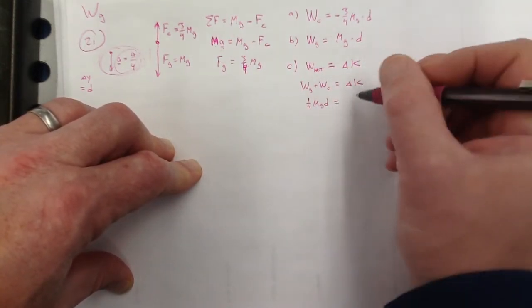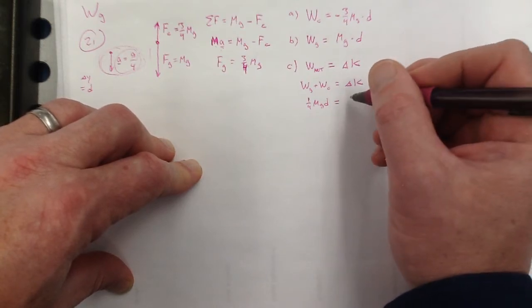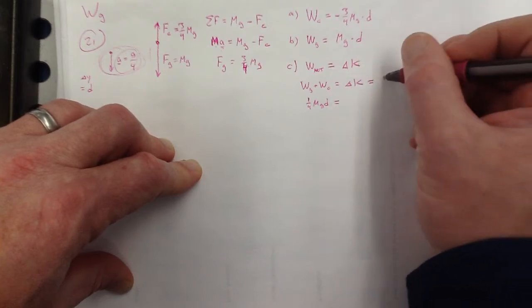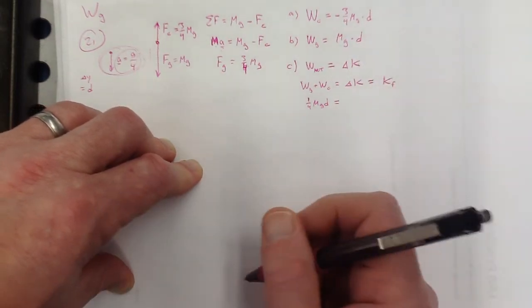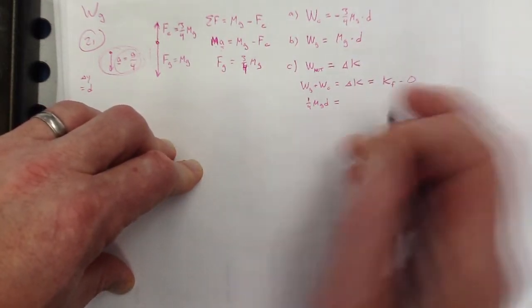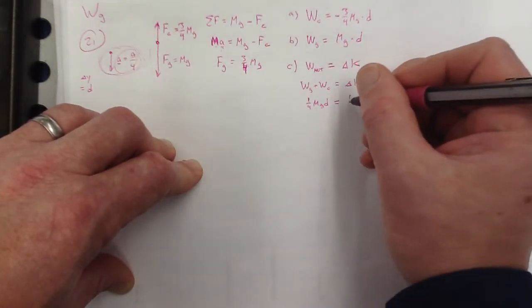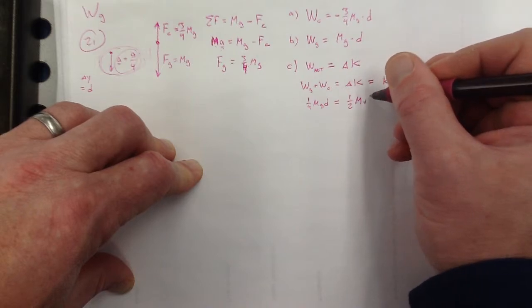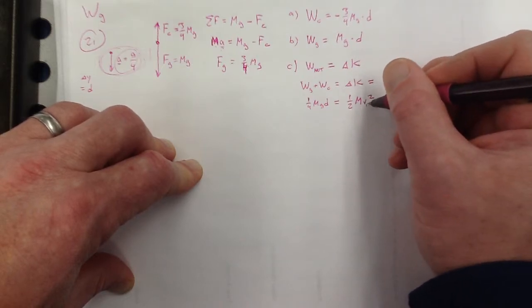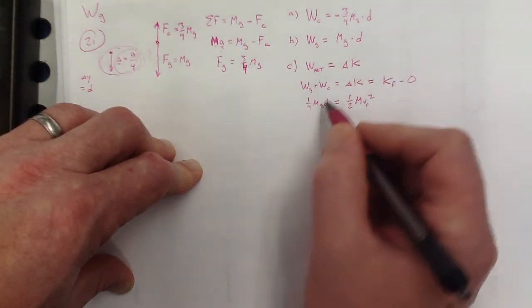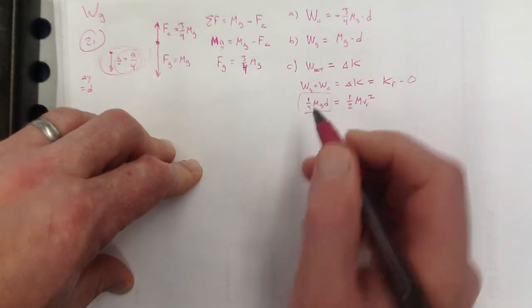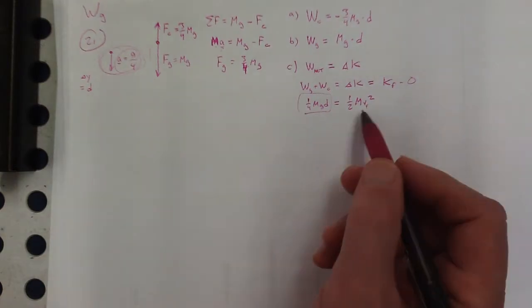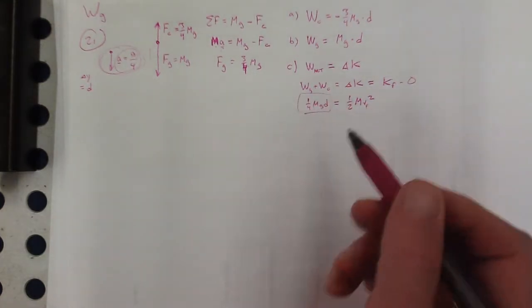That's equal to the change in kinetic energy, which, since it started from 0, is just its final kinetic energy because the initial was 0. So that's 1/2 m v final squared. So I think the answer for part C is this. Is that right? The kinetic energy of the block is this.